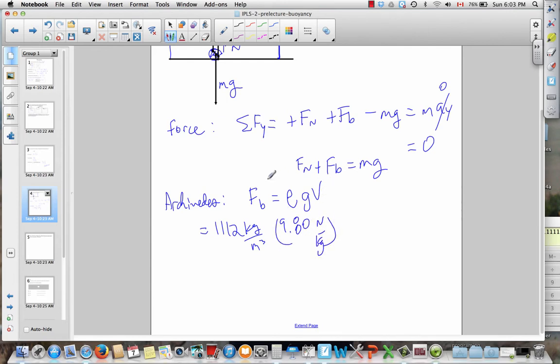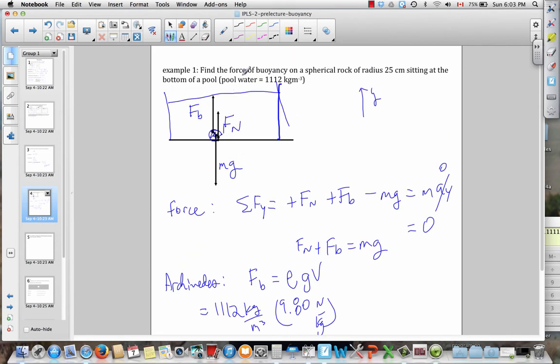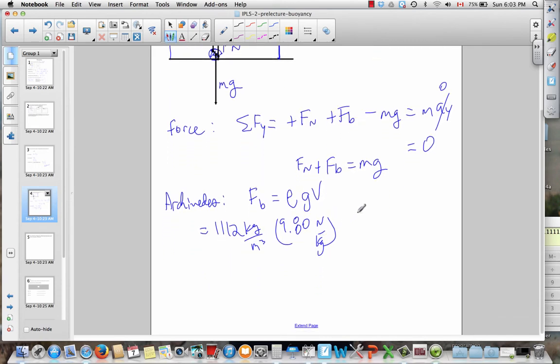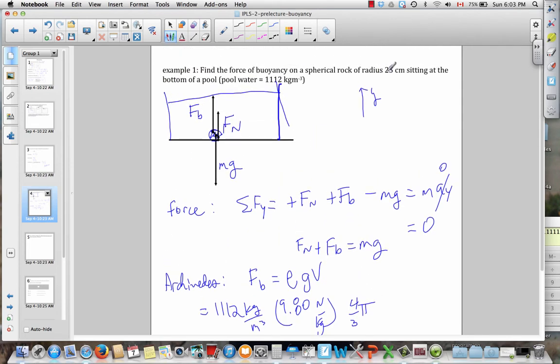And the volume of the rock, well, we are told that it's a spherical rock. And that means that the volume is going to be 4/3 pi r cubed. The radius of the rock is 25 centimeters, or 0.25 meters.